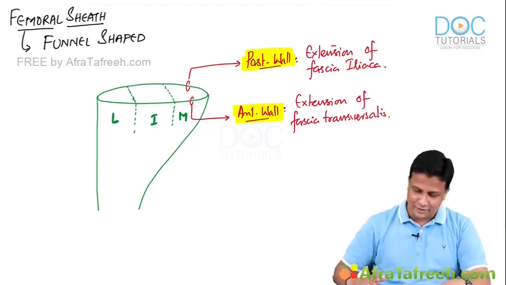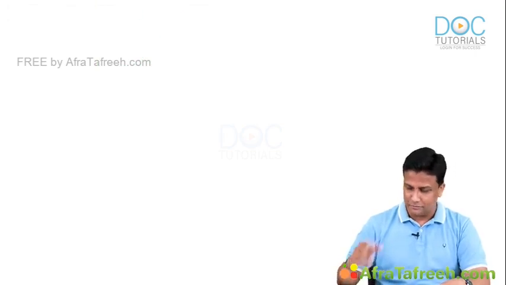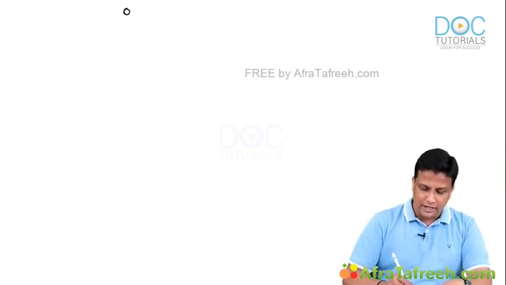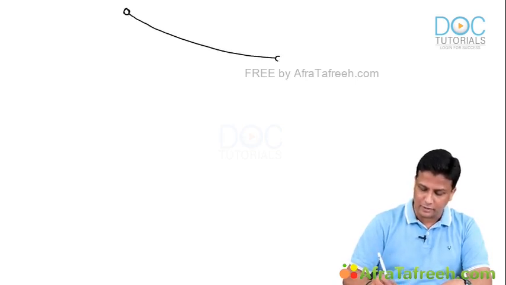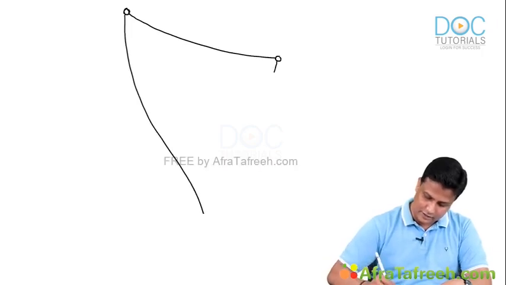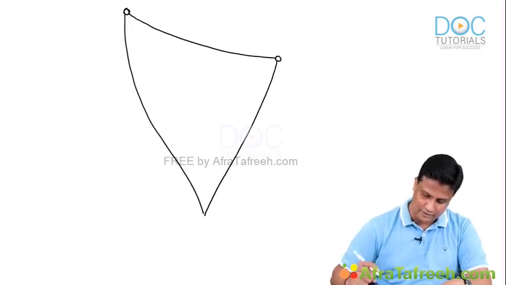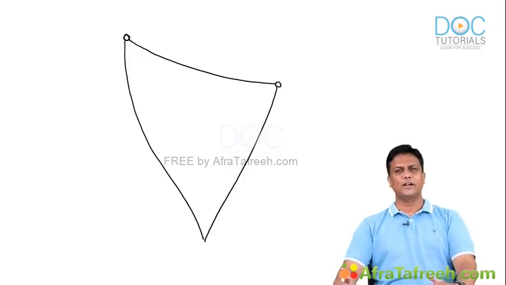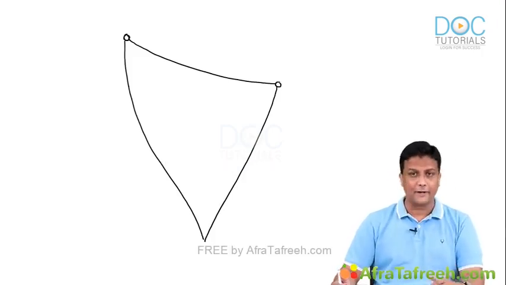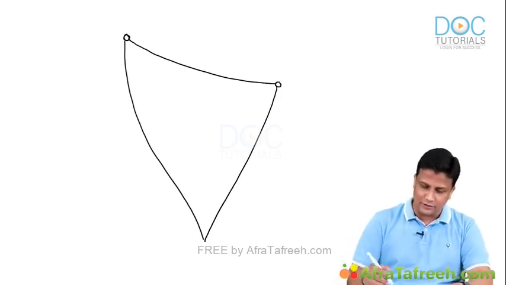Okay. So let's draw this diagram once more in a much clearer manner and with full orientation. Imagine this one to be the anterior superior iliac spine, and this one here to be the pubic tubercle, guys. Somewhere here you'll have your sartorius muscle, and this is the adductor longus muscle towards the medial side. These are the boundaries of the femoral triangle, which I taught you a few minutes back. And now where exactly do you have this femoral sheath?